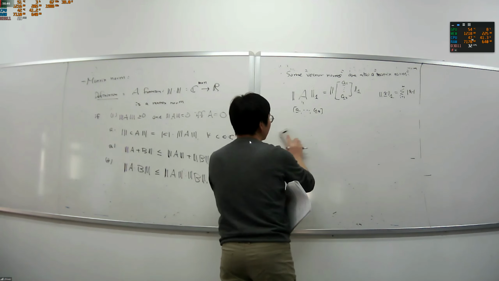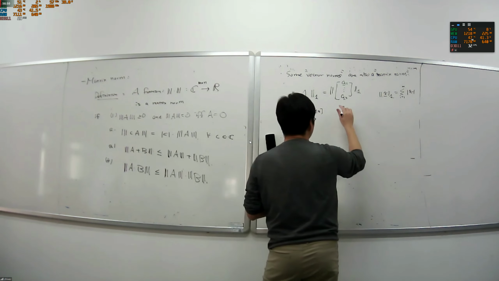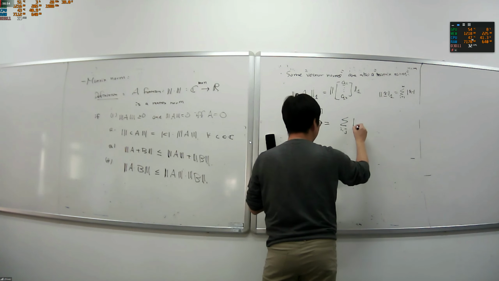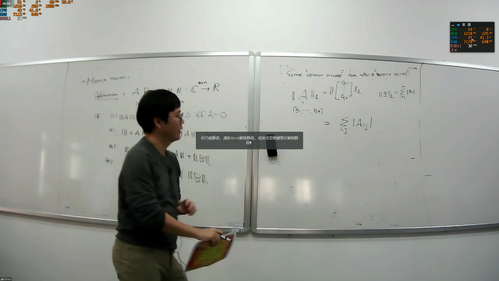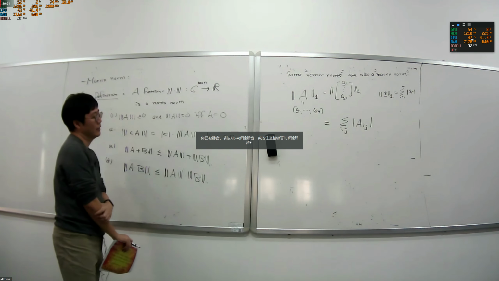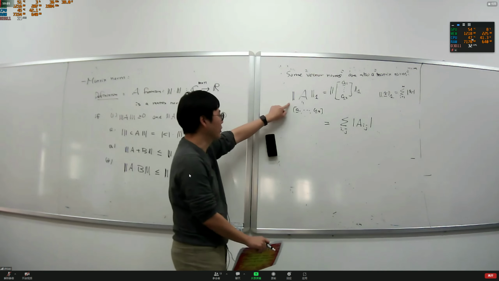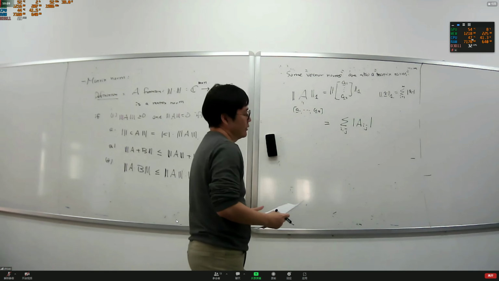So for the one norm, it will be the summation of the absolute values of its entries. This is what you get when you apply the vector one norm to matrix A.